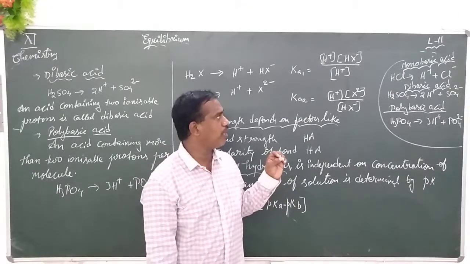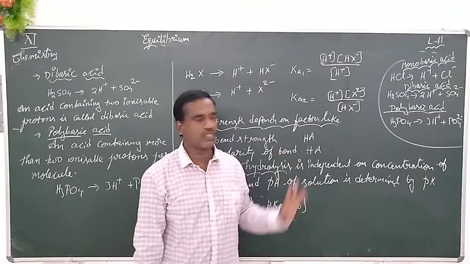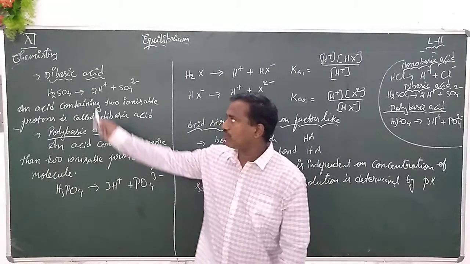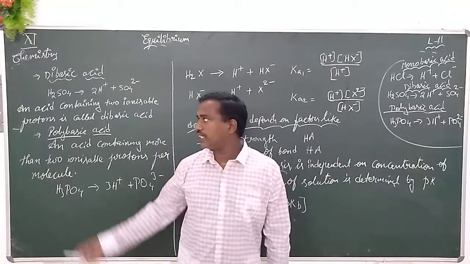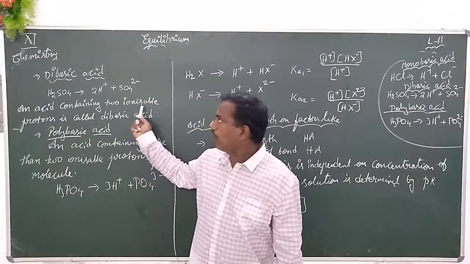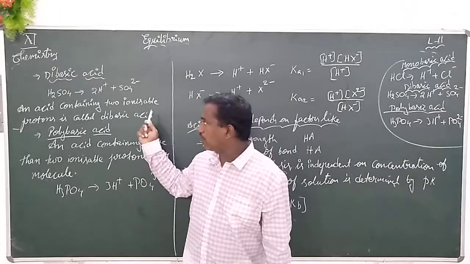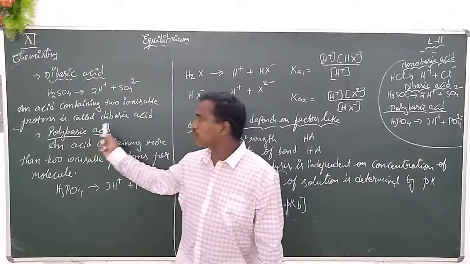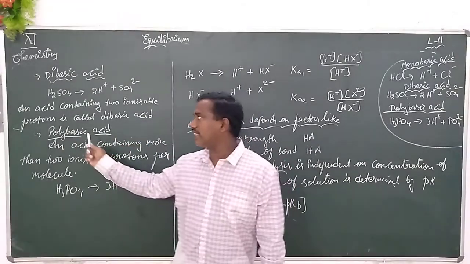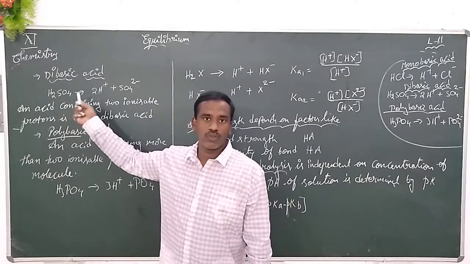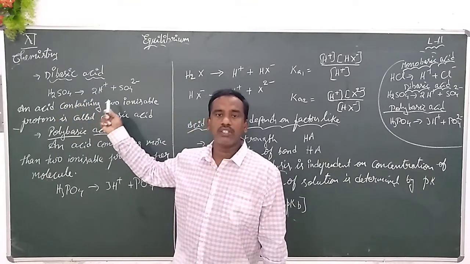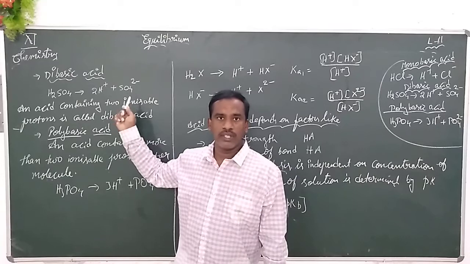Further, we have some definitions. What is a dibasic acid? An acid containing 2 ionizable protons is called a dibasic acid. An example is H2SO4, which on dissociation gives 2 H plus ions and SO4 2 minus ions.